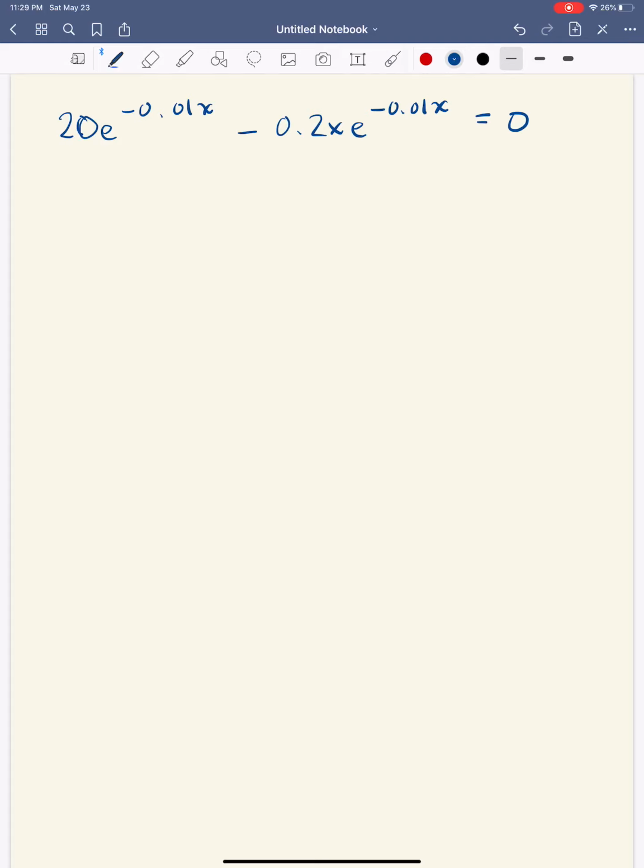We should factor whenever we can, especially if it's set equal to 0. So I'm going to factor out the e to the negative 0.01x, and that's going to leave me with 20 minus 0.2x in parentheses. Now the zero product property tells us, if you have a product of things that are equal to 0, that means that each thing could be equal to 0. So I'm going to temporarily say this.